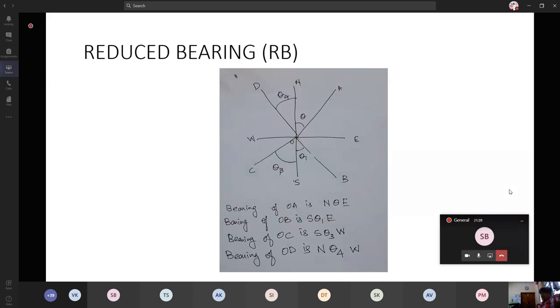Suppose I say line AB, and I measure the bearing of line AB at A, it is called a forebearing. Suppose I measure the bearing of line AB at B, it is called a back bearing.